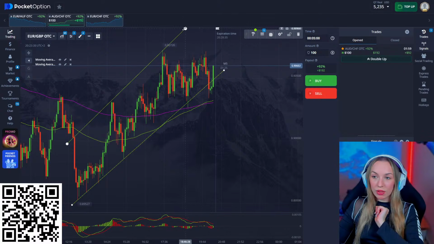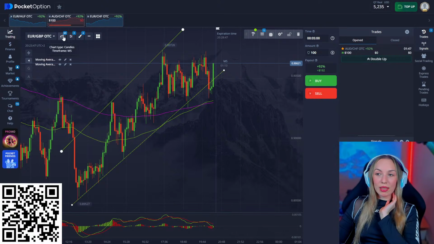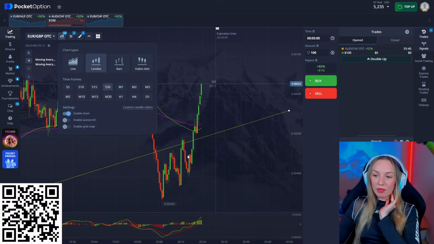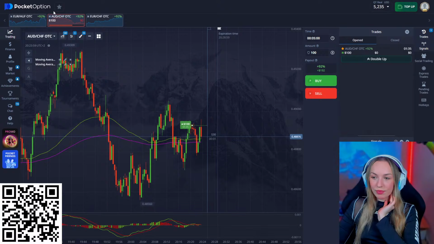Oh, and AUDCHF looks like it started to go up. Yeah, something like that. But I would say it's already kind of late to open the trade in the upward direction. The signal was there from MACD, and right now it's late.